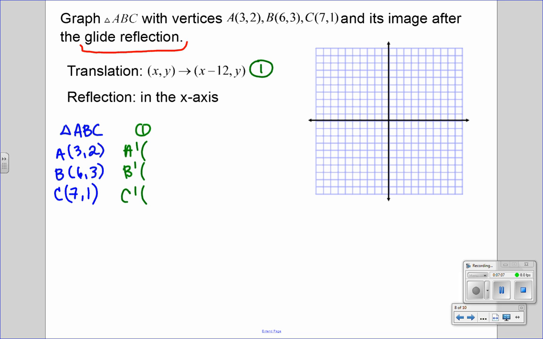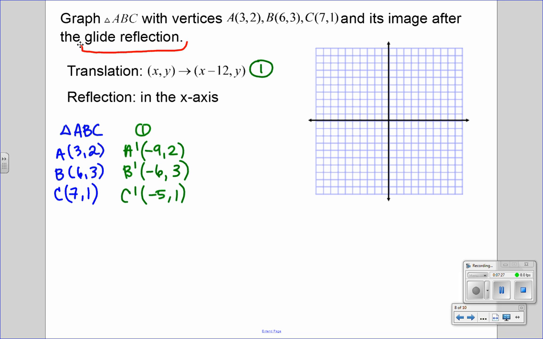So what we're going to do is subtract 12 from all the x's, but keep y. Don't do anything to y. So 3 minus 12 is -9, 2. 6 minus 12 is -6, 3. And then 7 minus 12 is -5, 1. So we've now applied our translation.